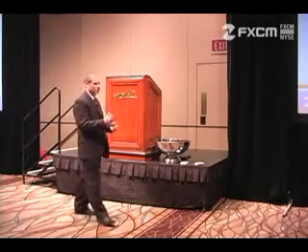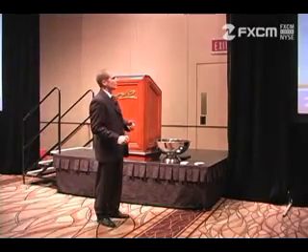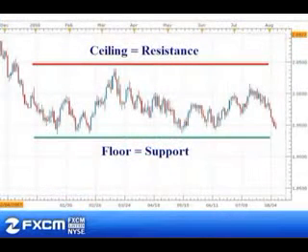So as we can see here, I've got a green line as my floor. This is a support level. This is where, as prices drop, those who are willing sellers are seeing this become lower and lower and lower. They're no longer going to want to sell because they want to sell at a higher price.